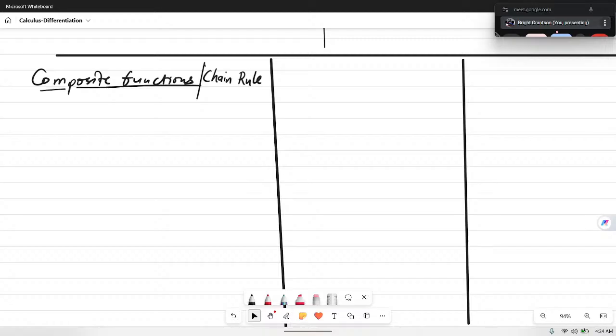Right? So a function like y equals 2x squared plus 1 raised to the power 2. Find dy/dx.